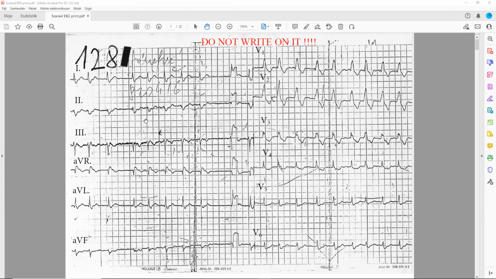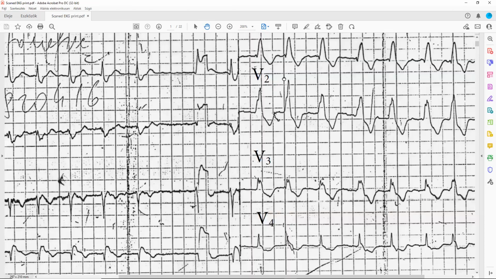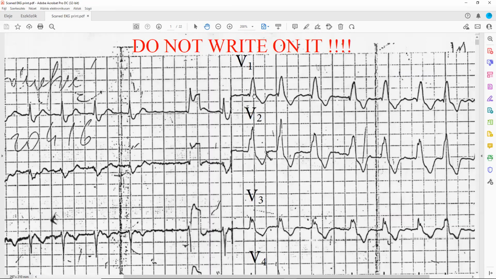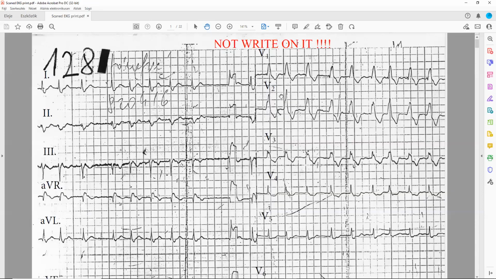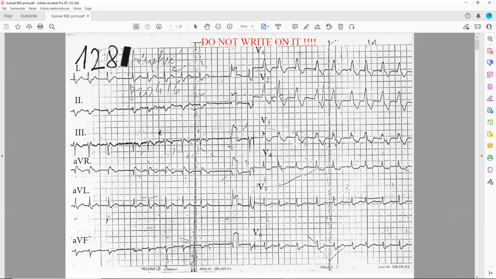First, look at how wide the QRS complex is. Look at here. Can you see it? Yes. It's very wide. It's more than 0.1 second, meaning that we have a wide QRS complex.